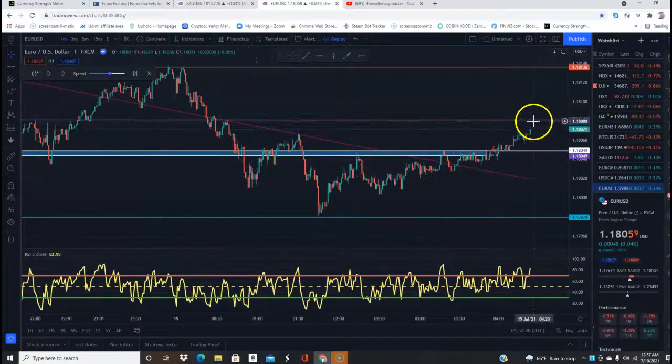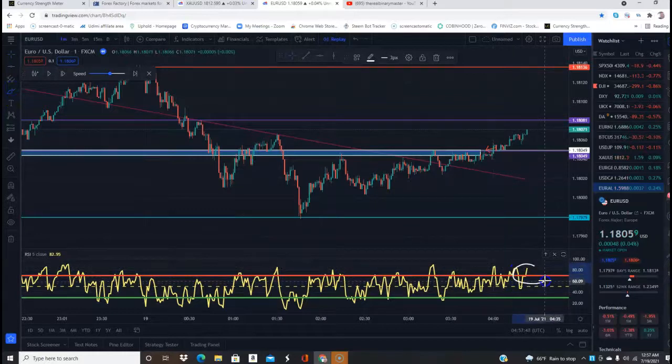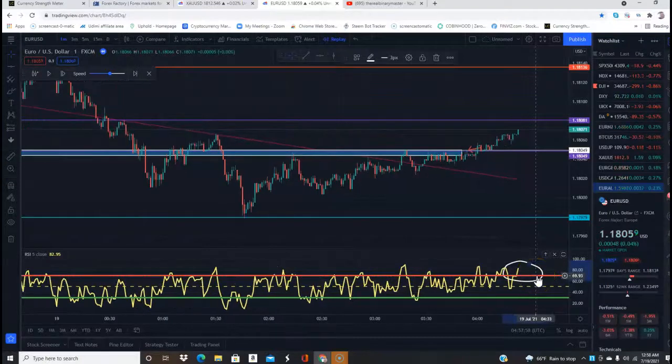So as price is pushing up to this area, at the same time, if we are at or above this red line, which is the overbought area, we could be potentially looking for sells.